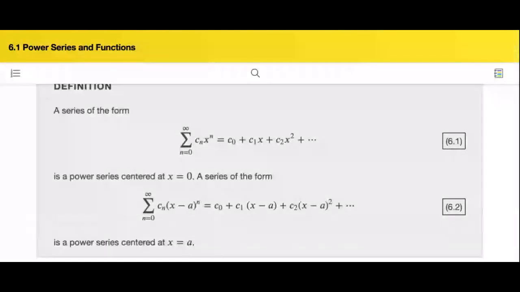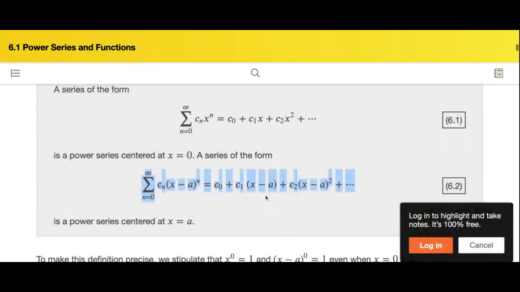Okay, definition. A series of this form, 6.1, is a power series centered at x equals 0. Centered at x equals 0 only means this, comparing to this, right? So this is a power series. So we have the c terms, right? c_n, the c terms represent some real numbers, and x minus a raised to n. So this is centered at x equals a.